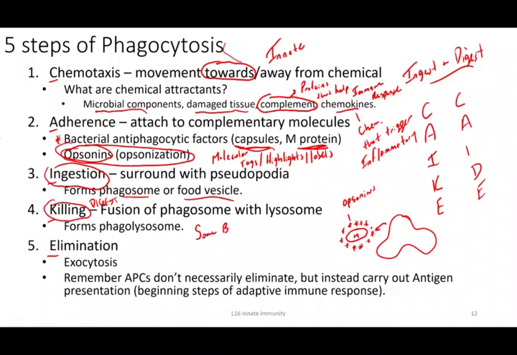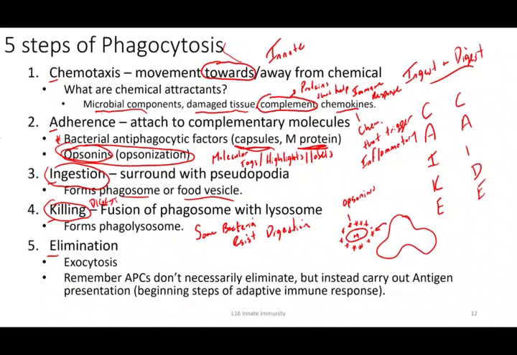Remember, some bacteria resist the digestion. And so bacteria have found ways to avoid phagocytosis. Some avoid being recognized and phagocytes don't even move towards them, or some bacteria are going to be more resistant to the adherence step.